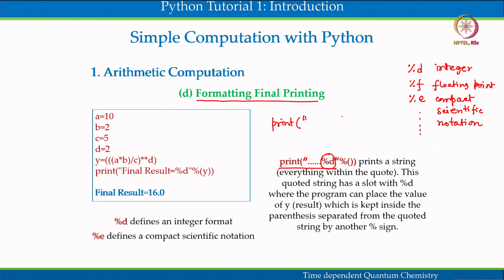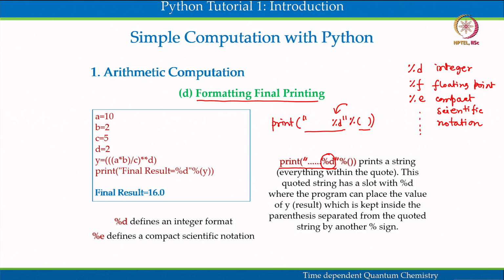I will have a quoted string with a slot somewhere indicating a certain integer or floating point value, and that value will be inserted by the value given in this bracket, and the string and the value will be separated by another % sign.